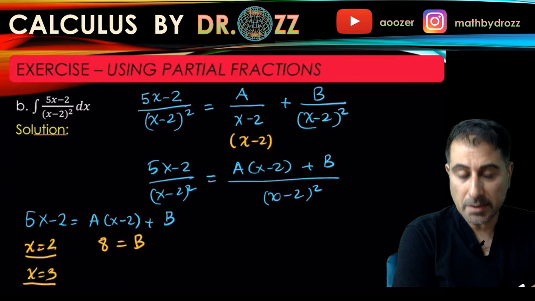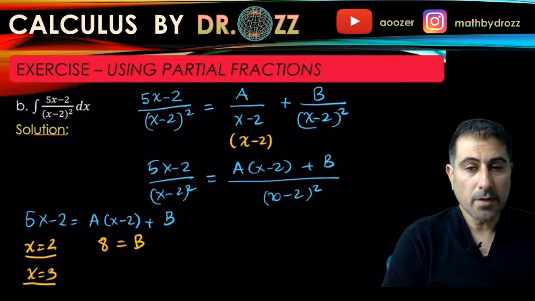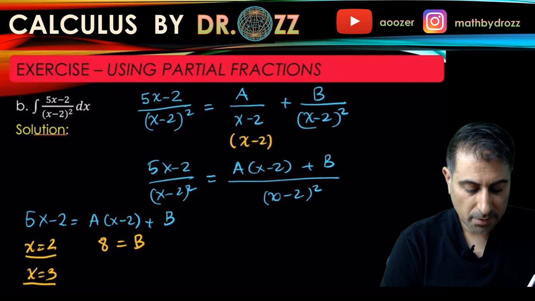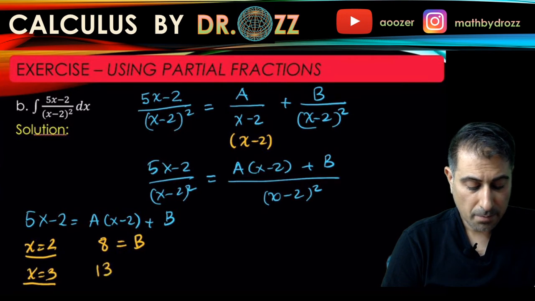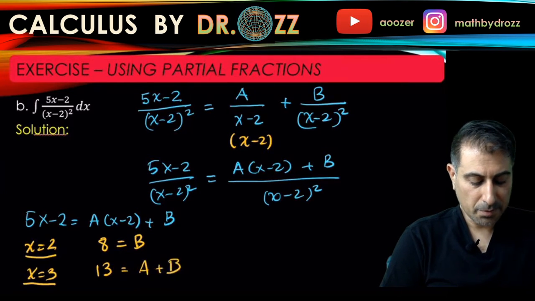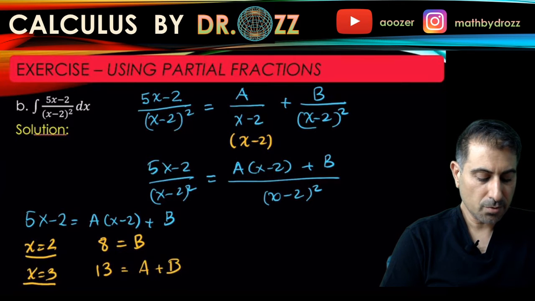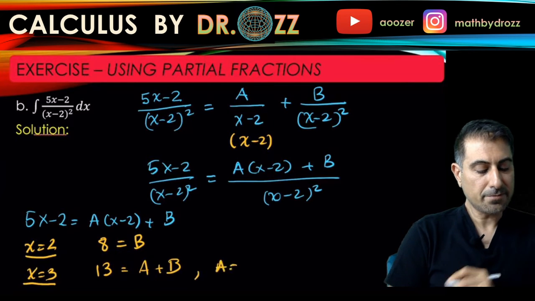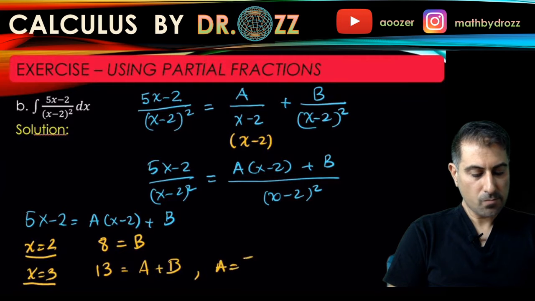Let's just pick x equals 3, okay? So x equals 3, the left-hand side is 13 because it's 15 minus 2, equals A plus B. And B was 8 from the previous step, so that makes A equal to 5.